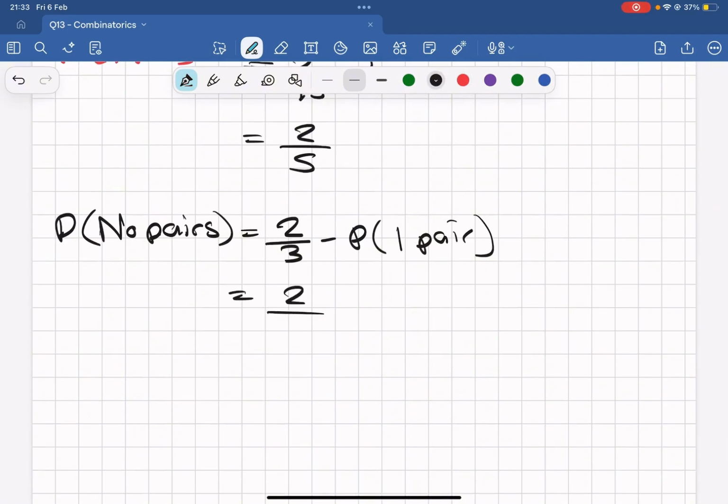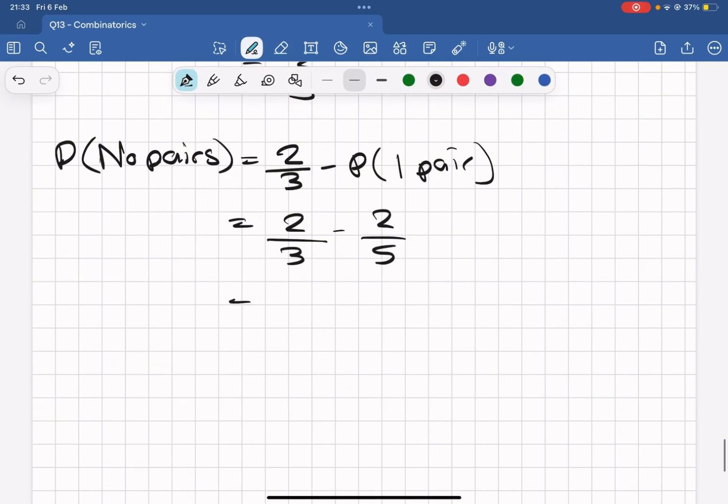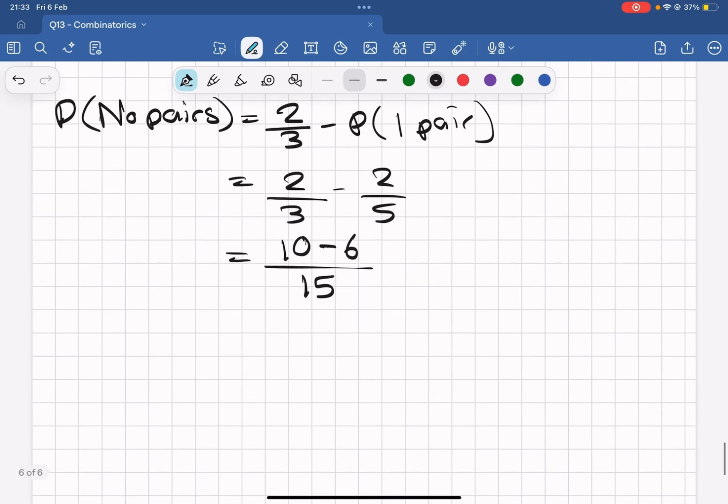So 2/3 minus 2 over 5. Let's get the denominators the same. So 15, 2 times 5 is 10, 2 times 3 is 6. So 10 minus 6 is 4 over 15. And voila, 4 over 15.